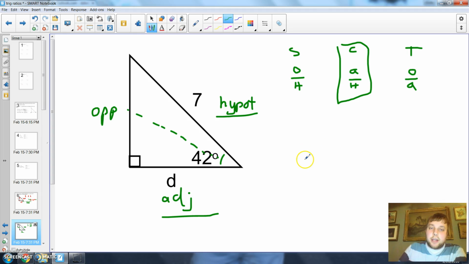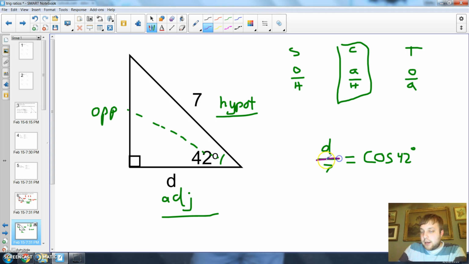So you put in your calculator, first of all, adjacent, which is D, all over 7, which is your hypotenuse. That will equal the cosine of 42 degrees. Now before I start doing any calculations here, I'm actually going to want to get D by itself.